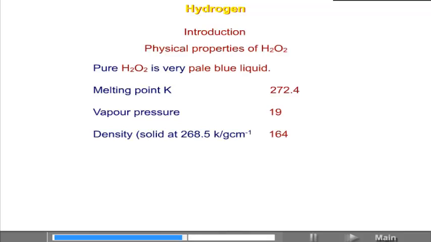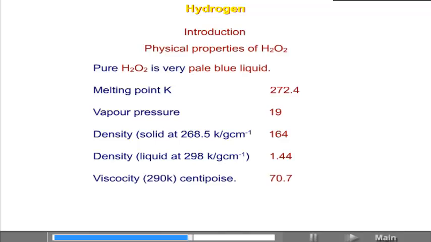Density solid at 268.5 Kelvin in gram per centimeter cubed is 1.64. Density liquid at 298 Kelvin in gram per centimeter cubed is 1.44.